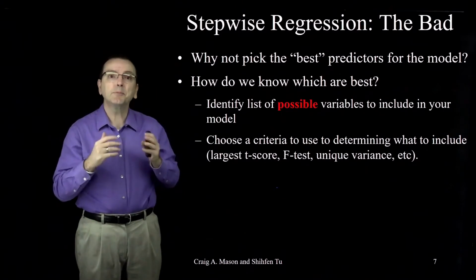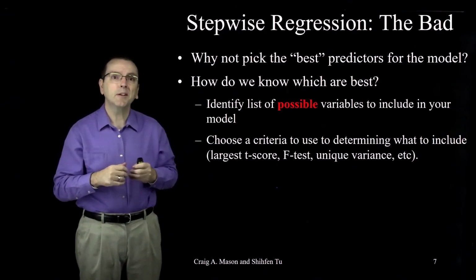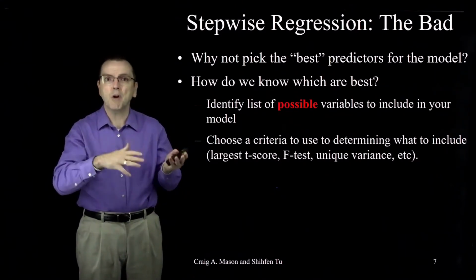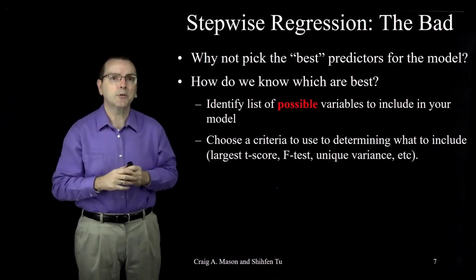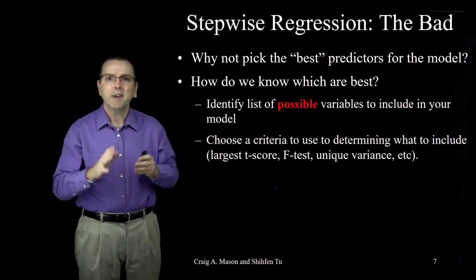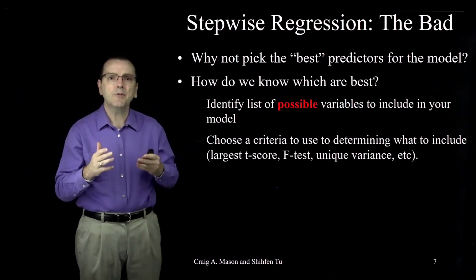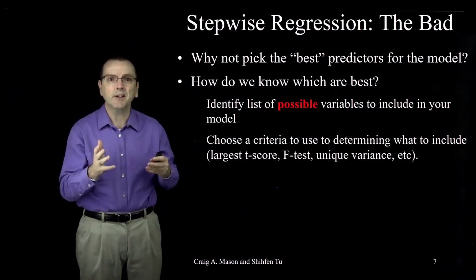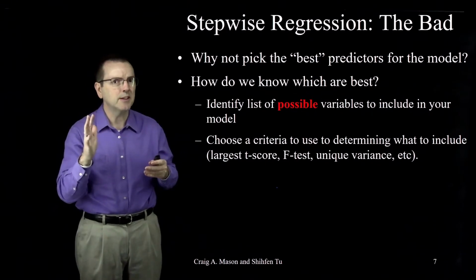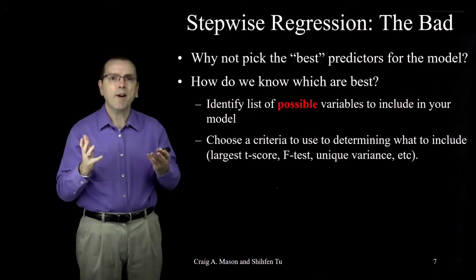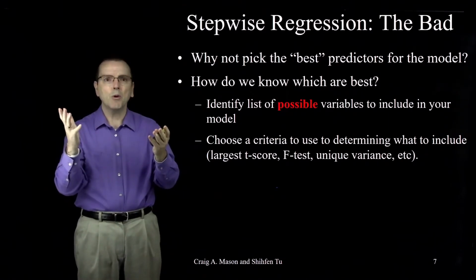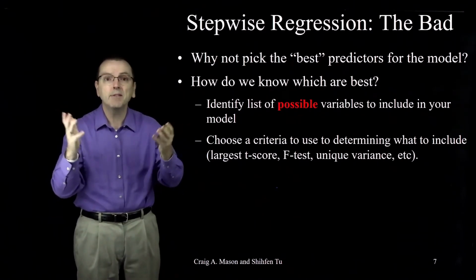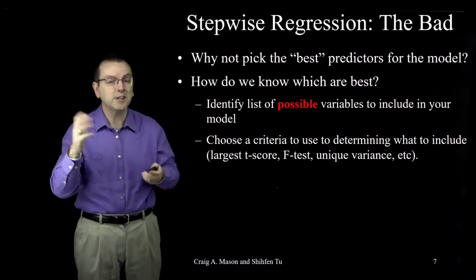You then decide on specific criteria for determining what to add or drop from your model. We'll talk about the details for this criteria in a minute, but in essence it comes down to variables being statistically significant or close to significant, and which variables have the largest effects based on their t-score or f-score or unique variance, their squared semi-partial.